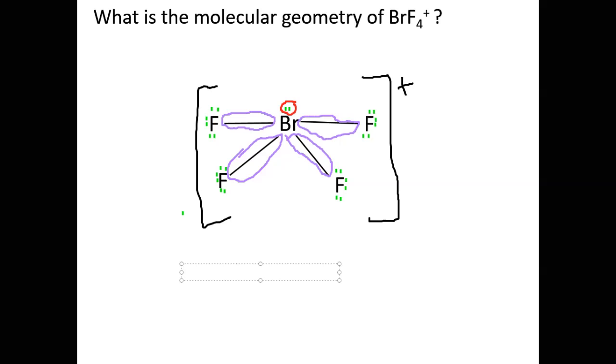So for molecular geometry, we have 1 lone pair and 4 bonding pairs. So you would see which one this matches with. This is seesaw, because the bonding pairs form a seesaw. That's where people sit, and this is the seesaw.